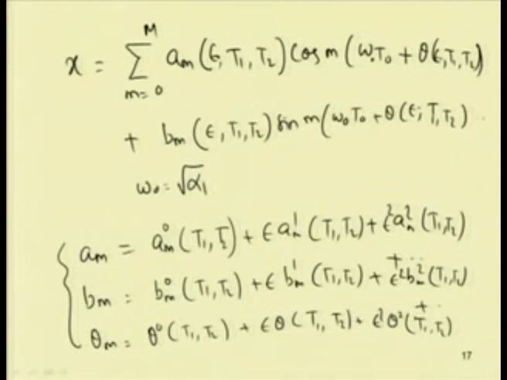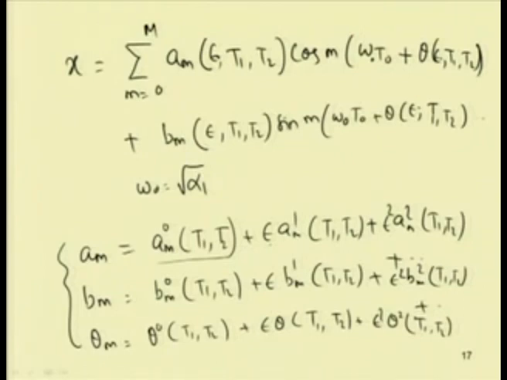In contrast to the method of multiple scales, where we have taken only this term, AM was only AM 0, a function of T1 and T2. Similarly, BM is a function of T1 and T2 and theta m is a constant. Here we are taking AM, BM and theta m as functions using this bookkeeping parameter epsilon.